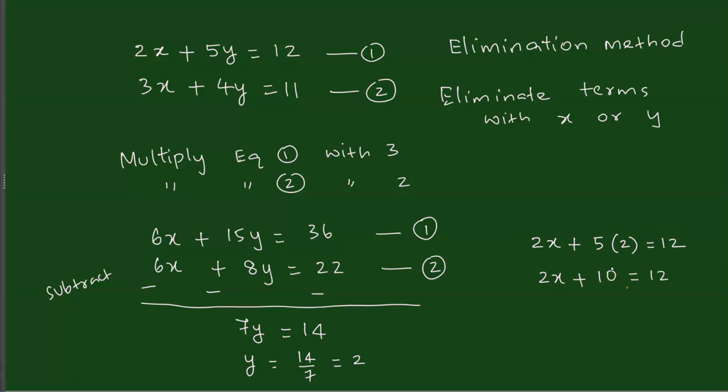If I send the 10 from the left hand side to the right hand side, it will be minus 10. So you have 12 minus 10, so 2x is 2. Then I can divide by 2 on both sides, so x equals 1. So the value of x is 1 and the value of y is 2.